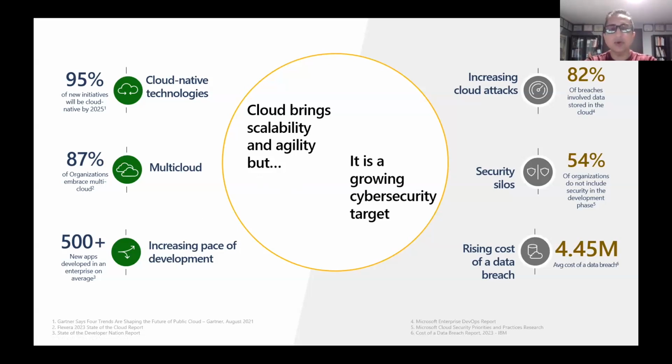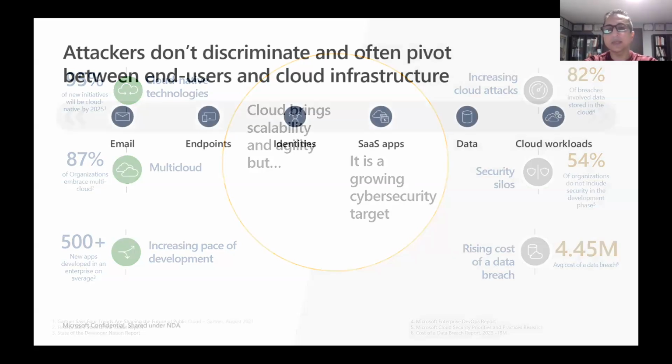So I'll show you how the protection that you need really covers the gamut from different types of services, and especially if they're in different clouds. This is a very important topic to make sure that you're on top of. And the last thing that I mentioned here, of course, is that the cost of the breaches is becoming enormous, right? Every year it gets higher and higher.